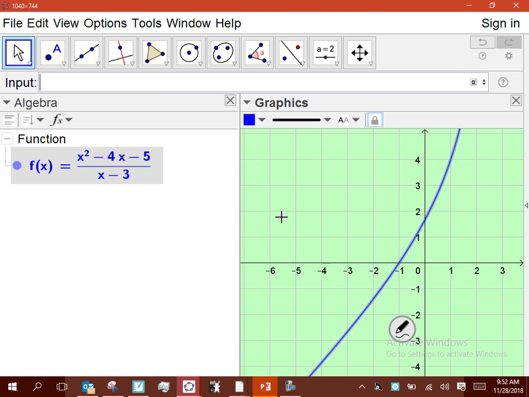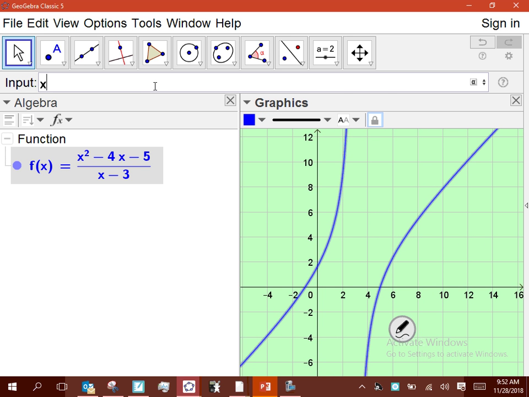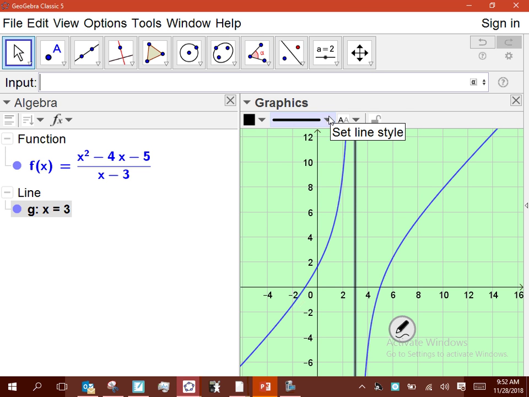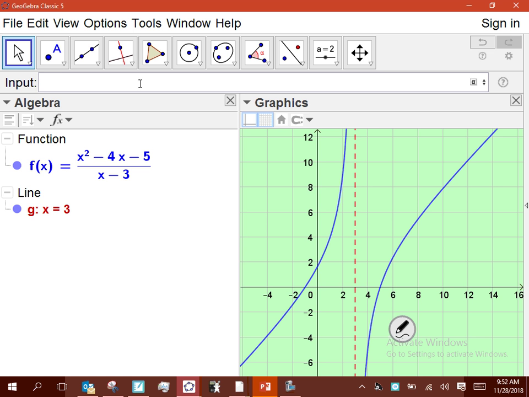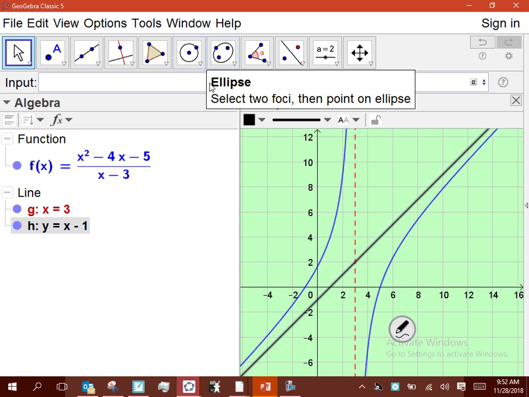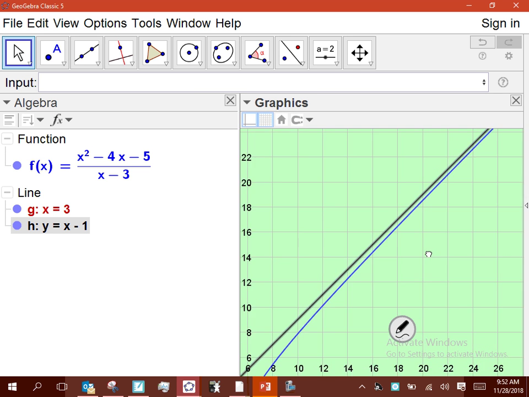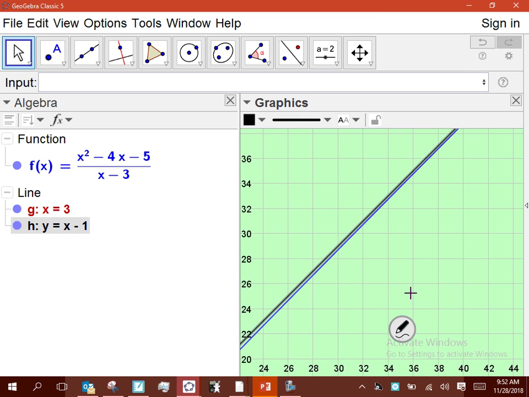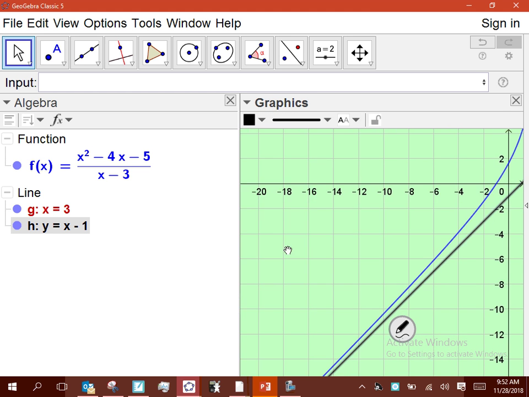All right, so this is what that graph looks like. We still have a vertical asymptote at x equals 3, right? Now, if I graph y equals x minus 1, would you agree that my blue curve follows that behavior as we move further and further to the right, and then further and further to the left?